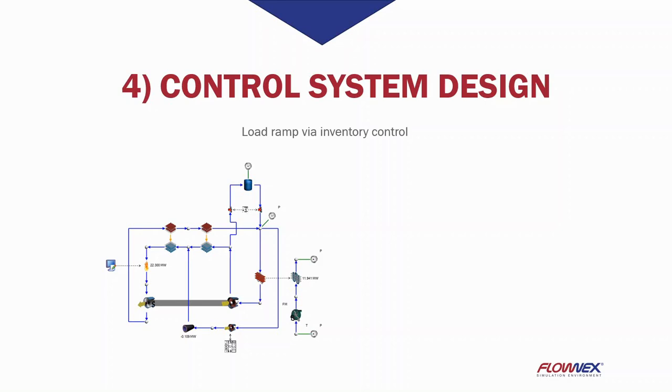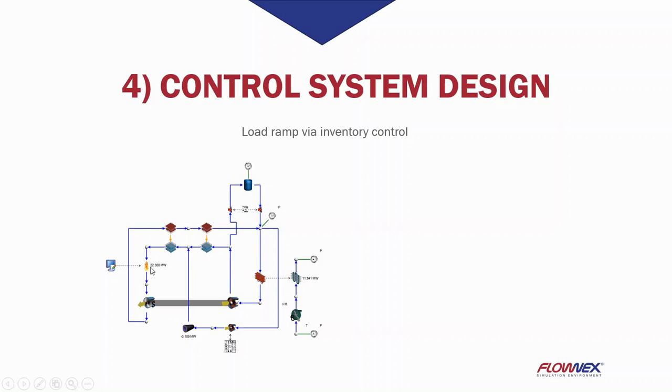In this specific example, we will be looking at the recompression cycle as described in the beginning of the webinar, where we have our main turbine and compressor, bypass compressor, two recuperators, our cooling, and our heating source.